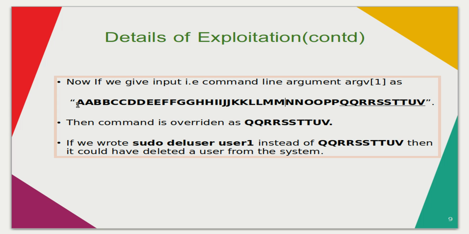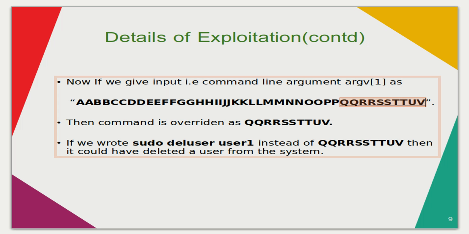Now when we run our program with this long command line argument, we see that the content of variable2 has been overwritten by the content of variable1, because for variable1 32 bytes were assigned and the input was longer than 32 bytes, and the extra content, that is q, q, r, r, s, s, t, t, u, v, is overwritten on the memory address of variable2.